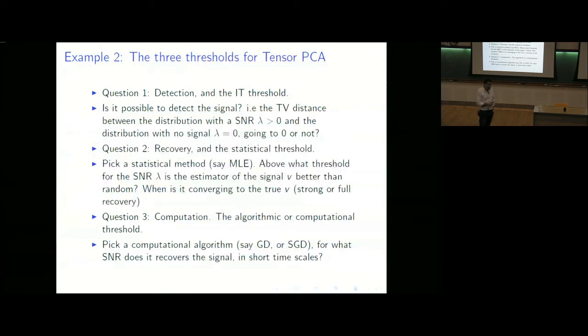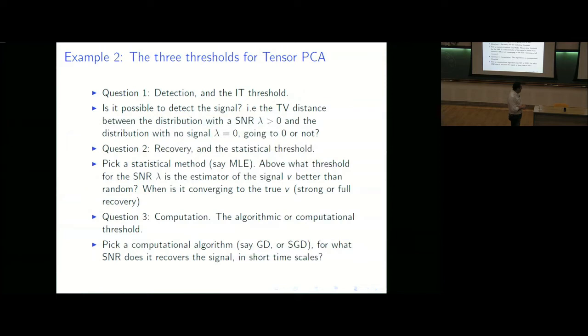We don't want to give the system an exponential time. So in short time scales, when is it that you can recover, with what algorithm? And again, here this is a plain vanilla statistical method, and now I want to choose plain vanilla algorithms, the thing that everybody would do without knowing anything.